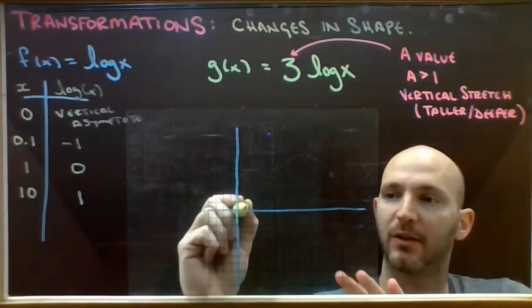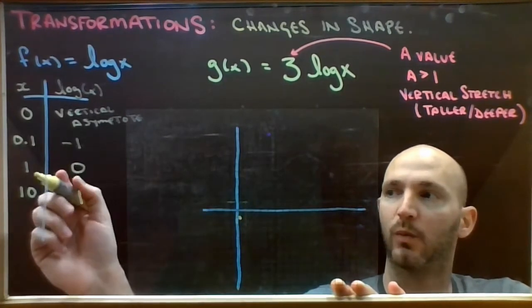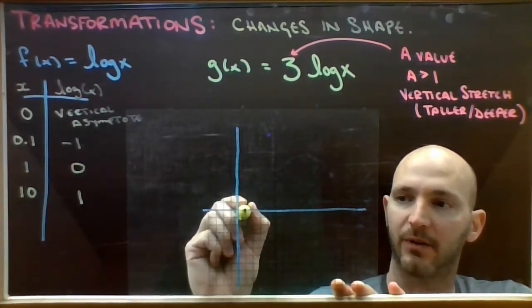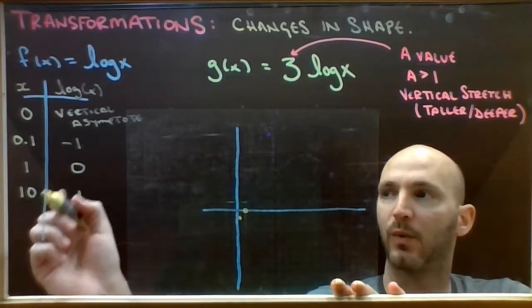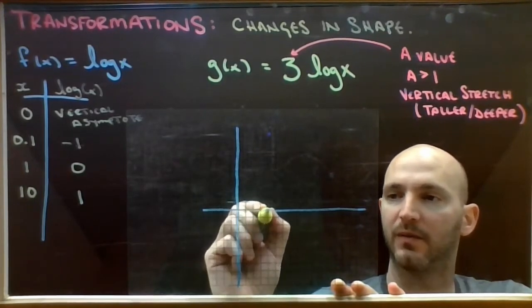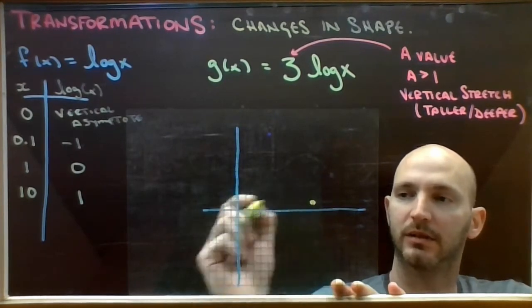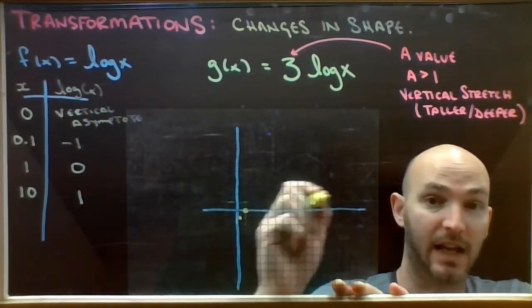When x is 0.1, log is at -1. When x is 1, log is 0. And when x is 10, log of 10 is 1. So 1, 2, 3, 4, 5, 6, 7, 8, 9, 10, and 1. Now, I could sketch that in.